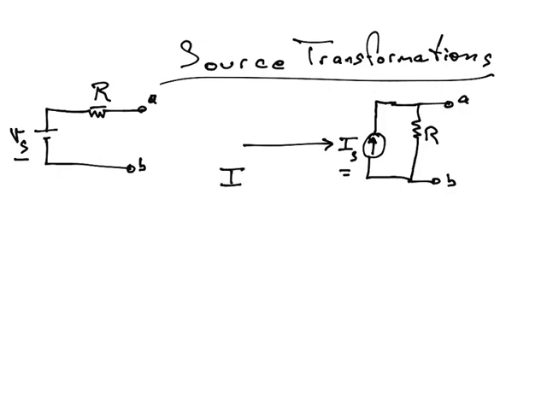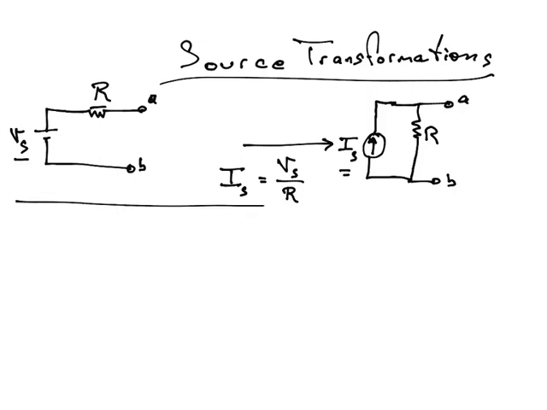The current source you would need for this to be true is the voltage source from the original divided by the resistor. It's just V equals IR, or I is V over R. So very nice, very easy little thing, but let's see it in action.